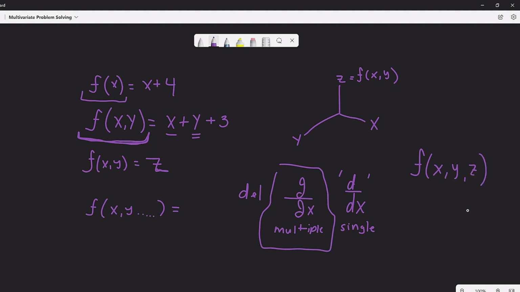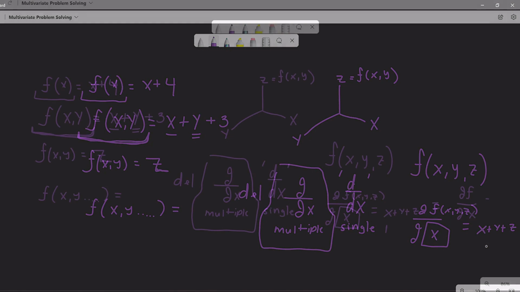By finding the partial derivative of this equation with respect to x, we are keeping y and z constant for the equation x plus y plus z, for example. So y and z would basically go to 0, and we'd find the derivative of x.